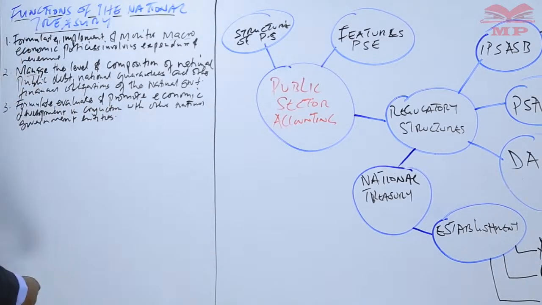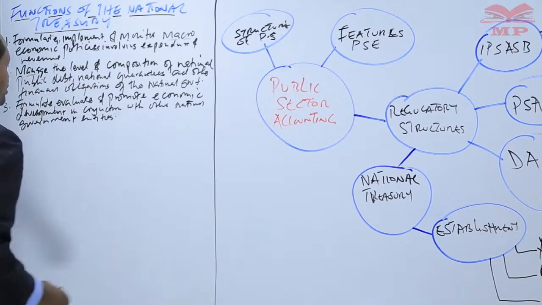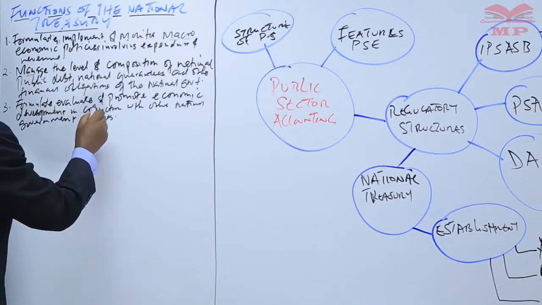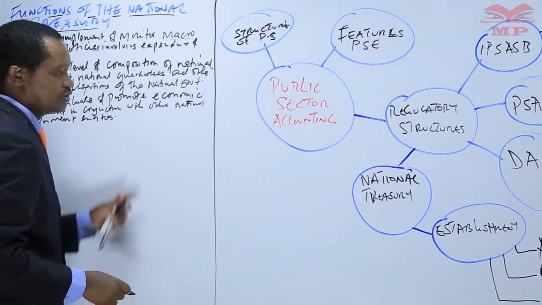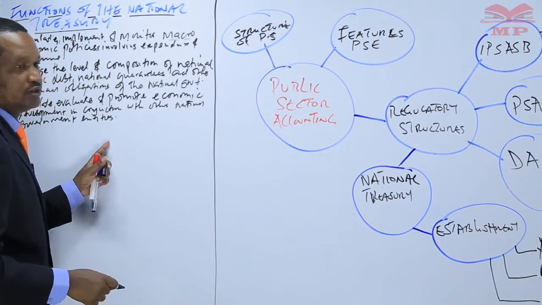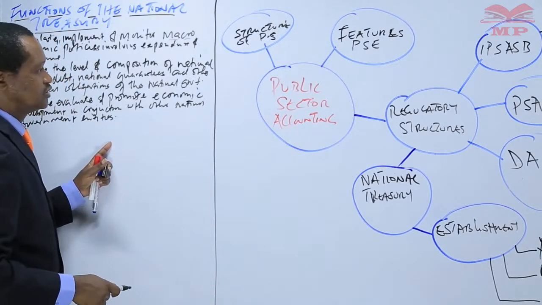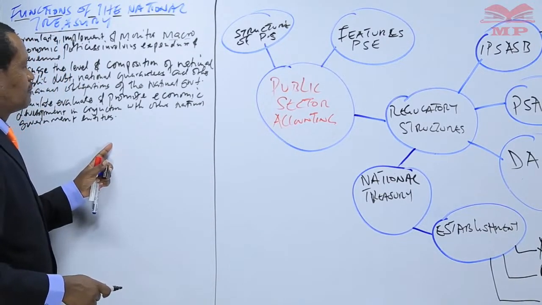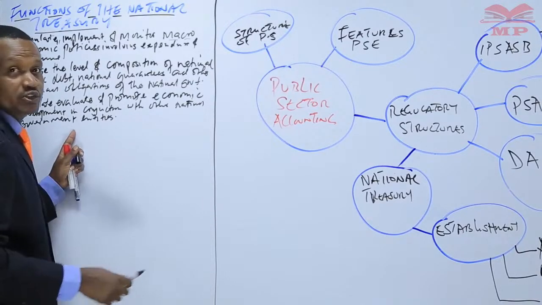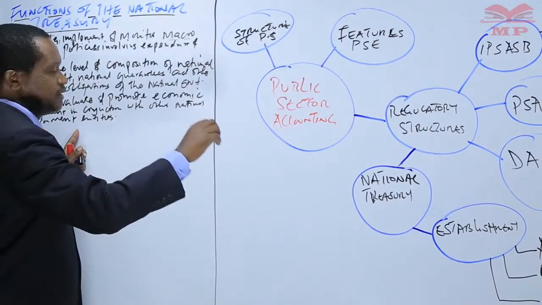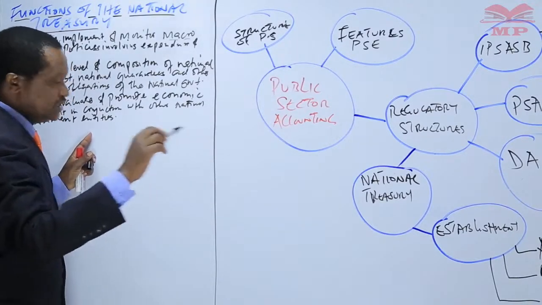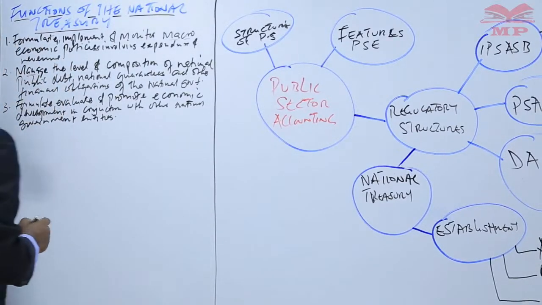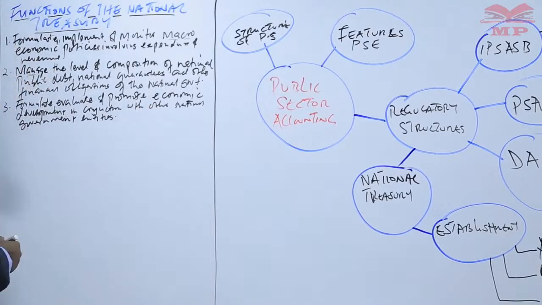Right? Formulate, evaluate and promote economic development in conjunction with other national government entities, because the ministry cannot on its own promote economic development. It has to work with other ministries and other public sector entities. Right? That is number 3.